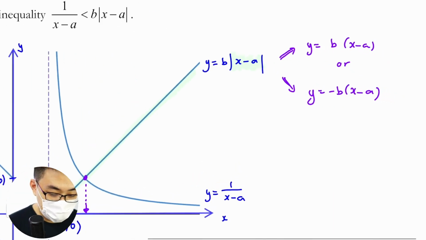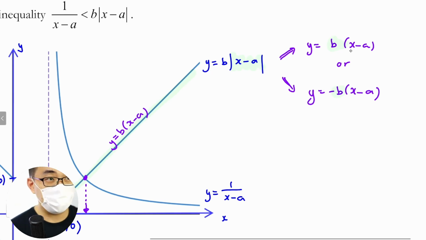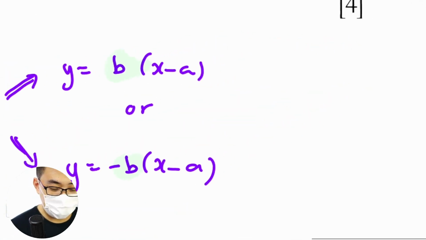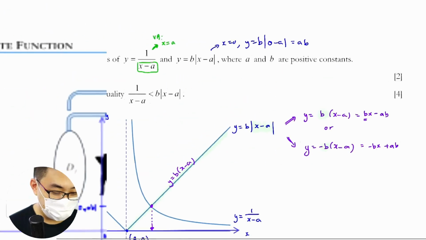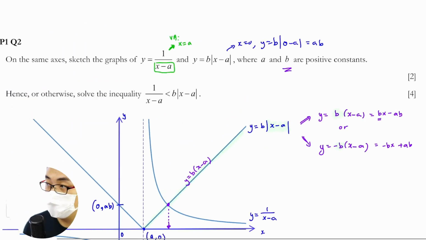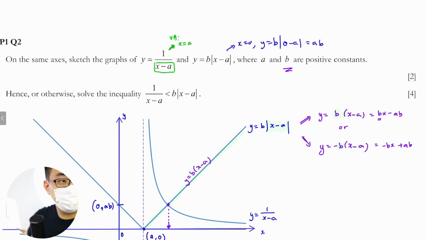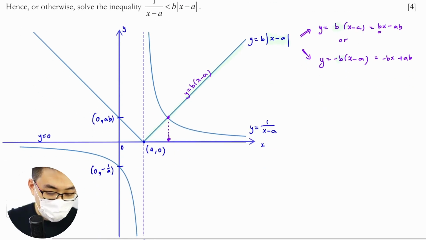So this intersection here, you just take the y equals to bx minus a because it's positive sloping. This one is negative sloping. But of course, you don't just base on this because sometimes this one will be negative x. So you just expand out. If you're not too sure, just expand. This gradient here is positive. Wait, I cannot assume b is positive. Is b positive? Yeah, b is positive. So b is a positive constant. That's why you get this part here.